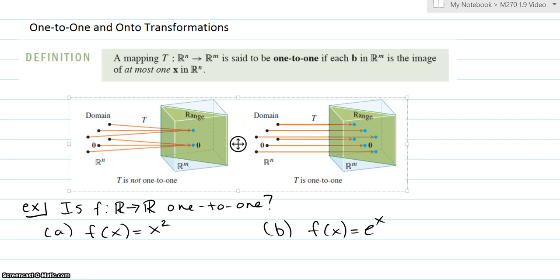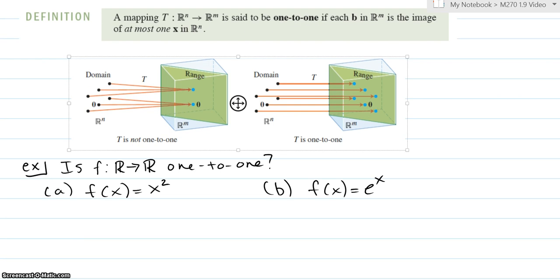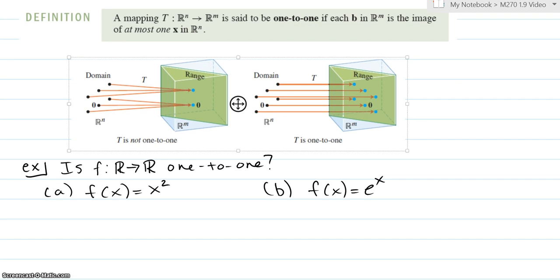So let's start with functions. I have an example down here. Back in our algebra or pre-calculus days, if f goes from R to R, is f one-to-one if f of x is x squared? Well, the answer is no. So let's look at the definition. I'm going to let b equal 4, so that f of x equals 4.